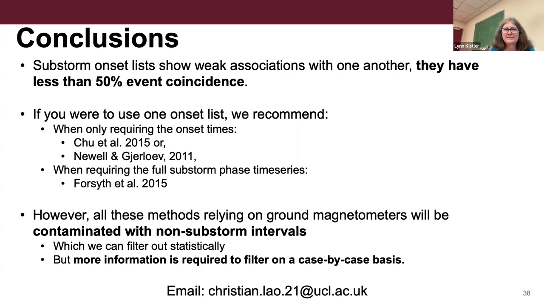So it was at least believable that they were identifying substorms, but they just all weren't identifying the same ones. I think they are identifying substorms. It's just that they're also identifying, especially the ground magnetometer lists, lots of other things.